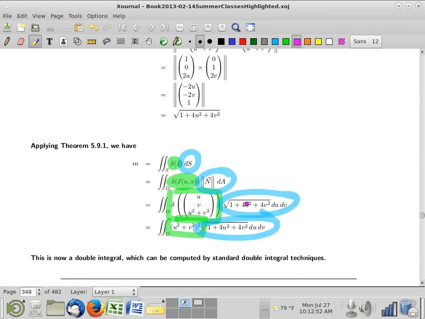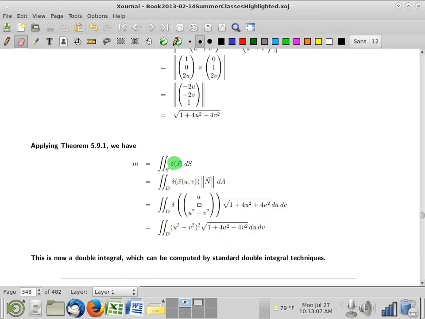And that stretching factor we just computed here. And again, now we've got it down to a more familiar integral. So this is a double integral in R2, but nevertheless, not that bad.